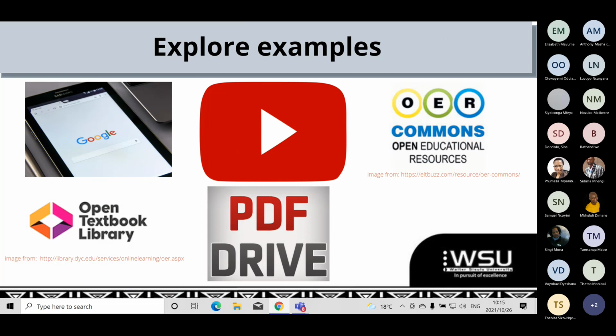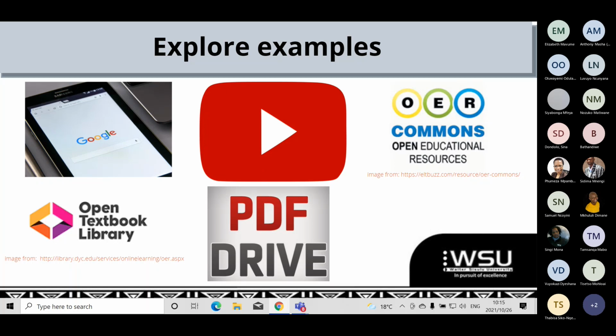So I'm gonna ask you now, we're gonna start with Google. I'm gonna ask you to open your Google and then just search for any images that you want to use for your presentation. Let's say there's an image that you want to use. As you have seen here in my presentation, I'm using some images.